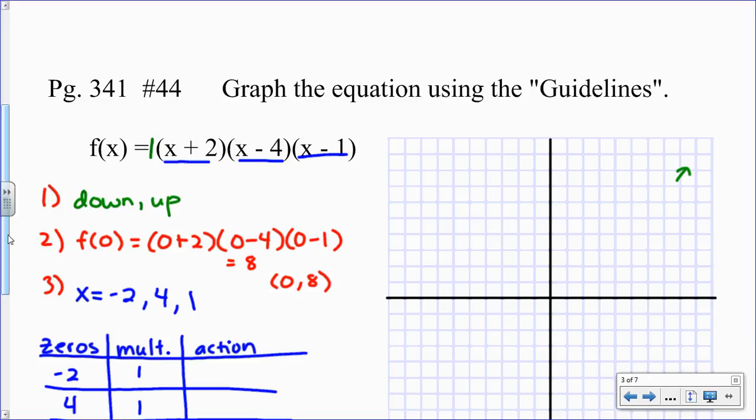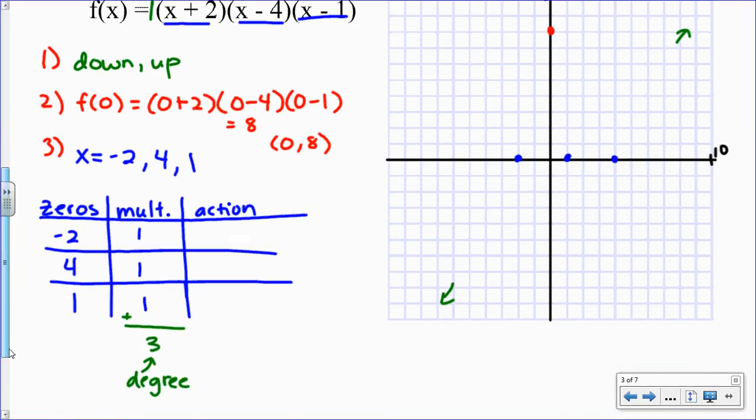So that means I'm going to set my scale here 10 and 10. 0, 8 is my y-intercept. My zeros are my x-intercepts, so -2, 4, and 1. Okay, these multiplicities are all 1.